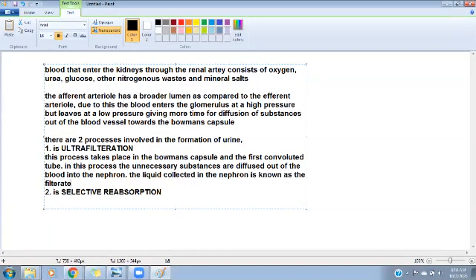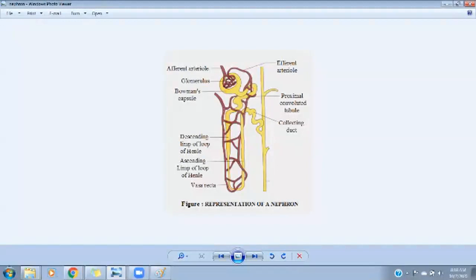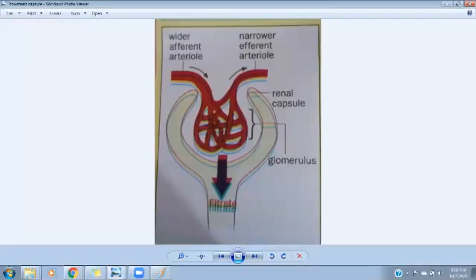सही. होता क्या है कि कहाँ गया मेरा कर्सर, ये रहा. सब्सटेंसेस जो हैं, अगर आप मेरा कर्सर फॉलो कर रहे हैं तो इस ब्लड वेसल से डिफ्यूज होके इस तरह से they will keep moving out of the blood into the structure of the nephron. ये देख रहे हैं आप, वाइडर और नैरो ये करके, यहाँ जो भी चीज़ होगी, extra substances, unwanted substances, they will diffuse out into the Bowman's capsule.